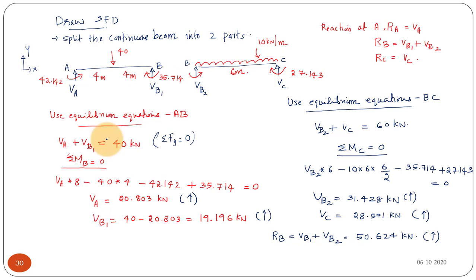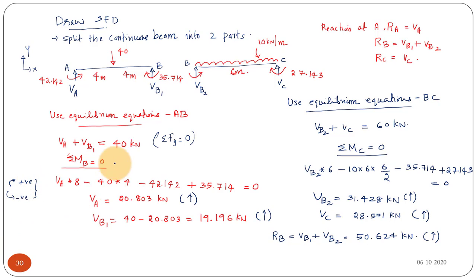So let me solve for VA by writing the moment equilibrium about B. About B, take the moment equal to 0. VA creates a moment VA into 8 in the clockwise direction. I consider clockwise as positive and anti-clockwise as negative.